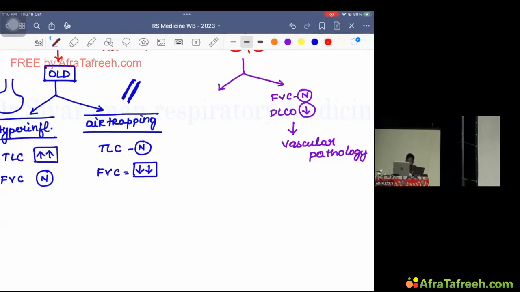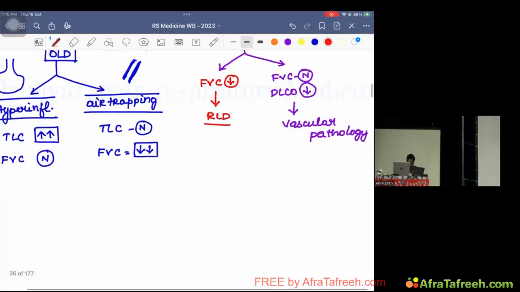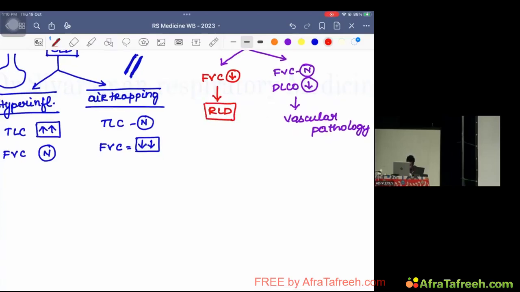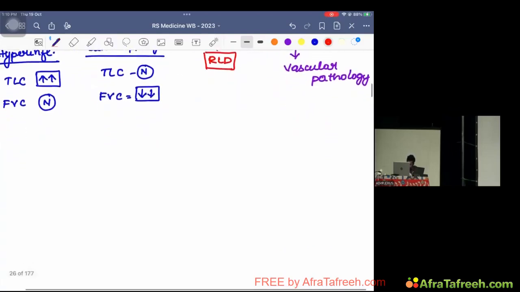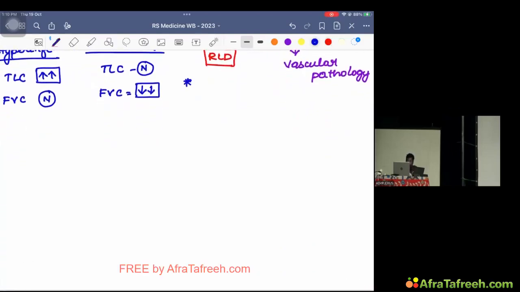Now your FVC is decreased, so it is a case of restrictive lung disease. Just here one thing I want to tell, you have to memorize this, no other go.